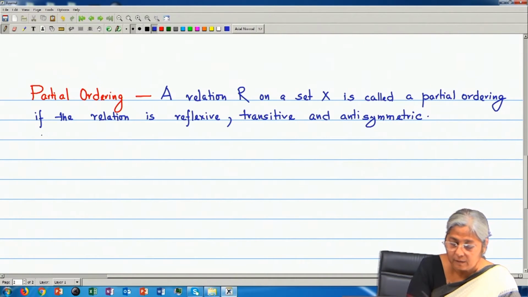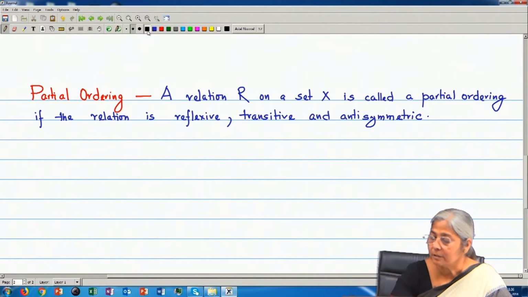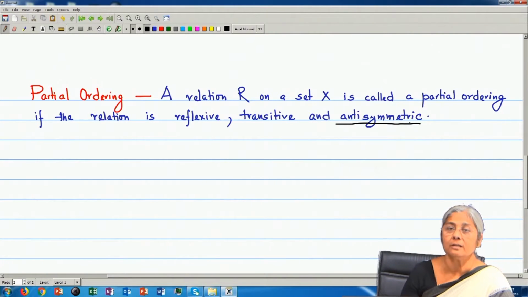Now, if we remember, instead of antisymmetric, if it is symmetric, then last day we have defined that as an equivalence relation.